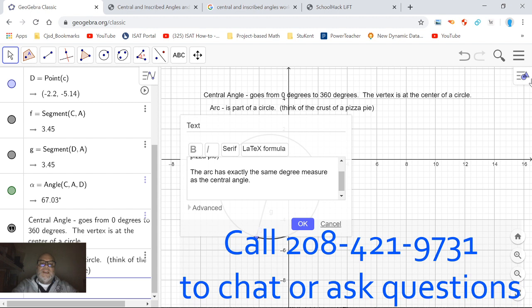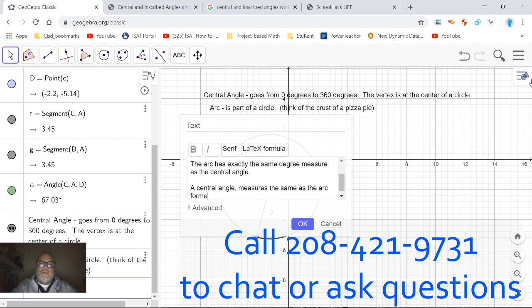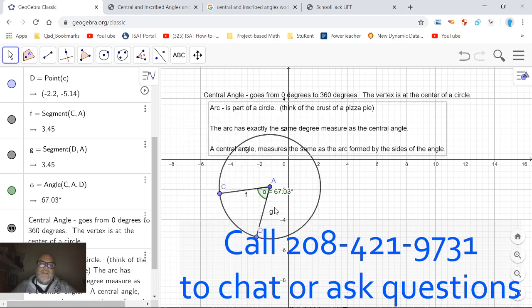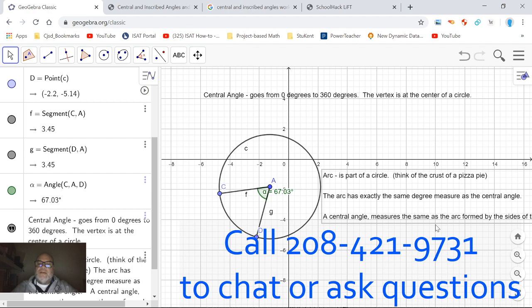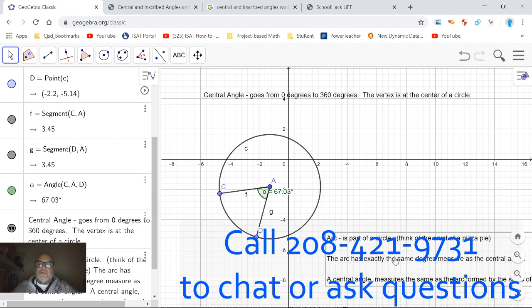Or you could say a central angle measures the same as the arc formed by the sides of the angle. Essentially, this arc over here, that's just something to think about. There's nothing really profound here.